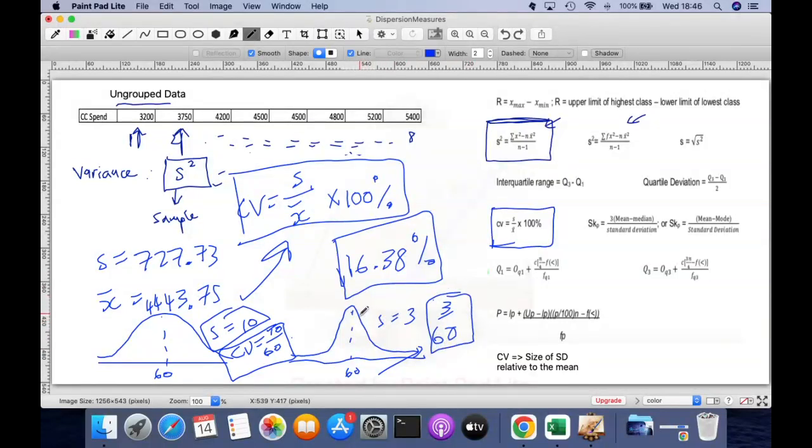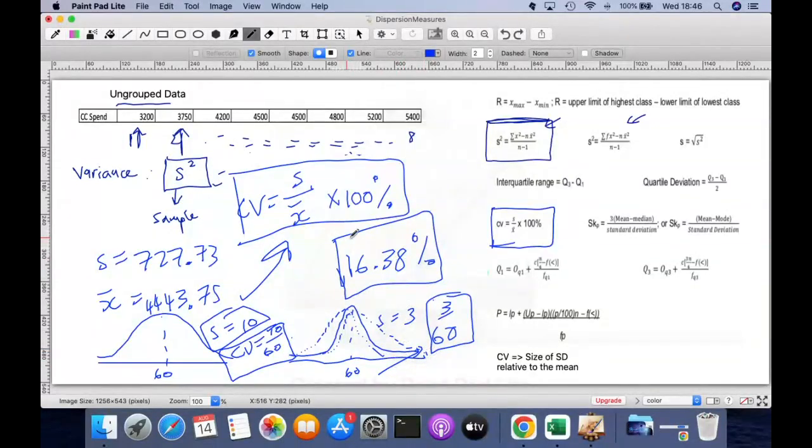What it tells you is the ratio of your standard deviation, your S, relative to the mean. The smaller the CV, the sharper the graph. As CV increases, the graph gets wider and wider. Intuitively, that's what it means.